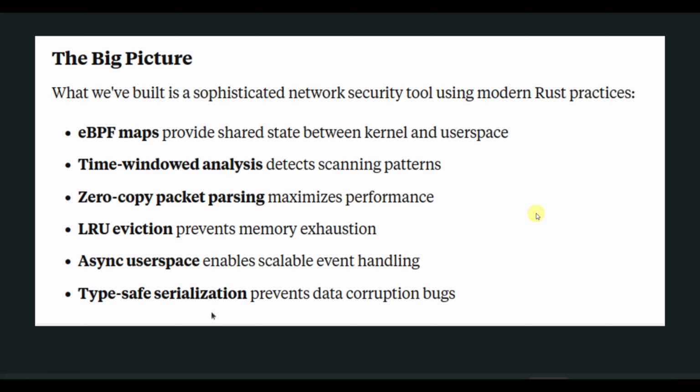The LRU evictions, which prevent memory exhaustion, that is the least recently used hash maps we have, and the async user space that gave us uninterrupted management of event handling, and type safe serialization, which prevented data corruption bugs. Thank you.